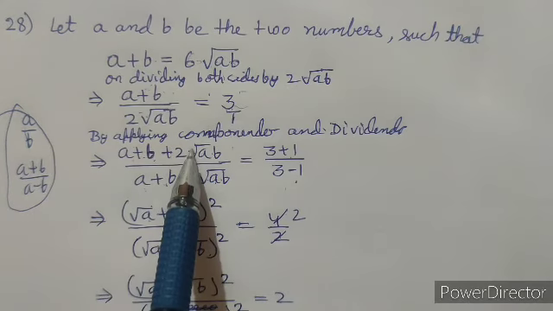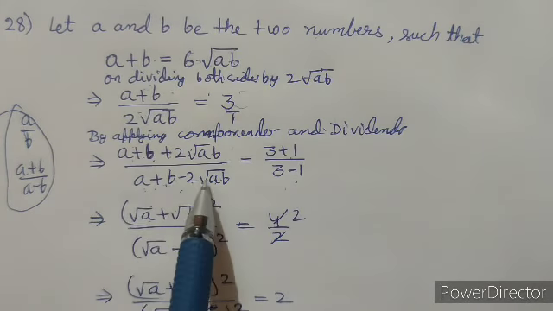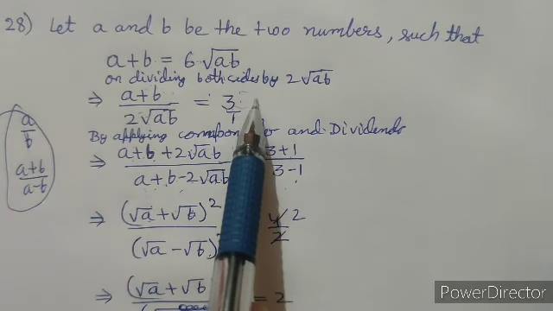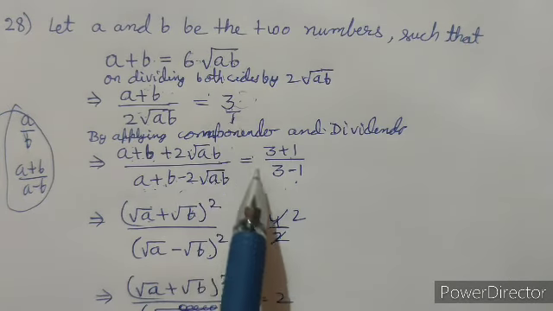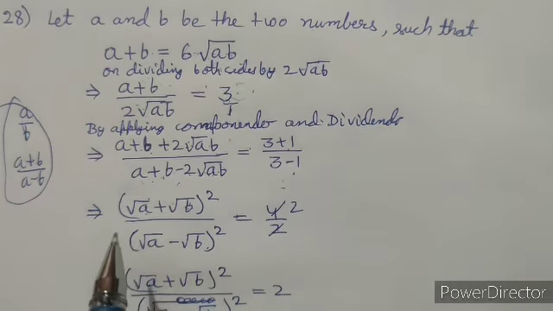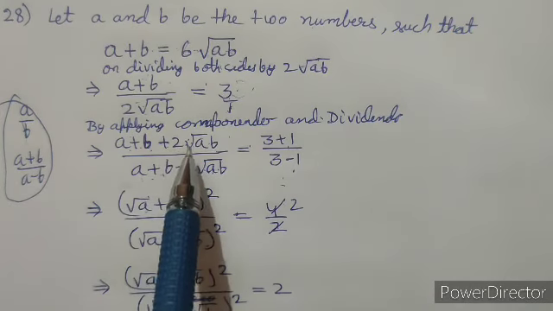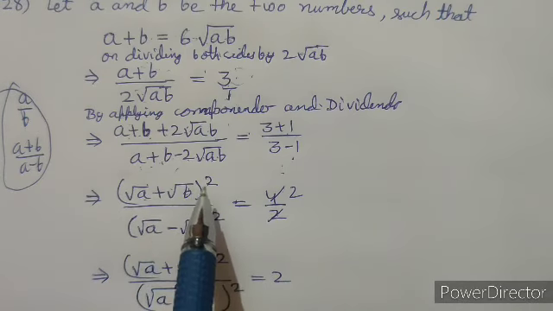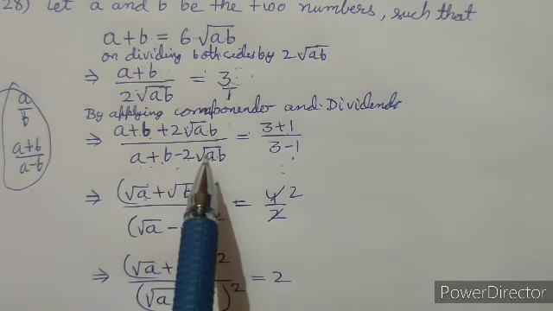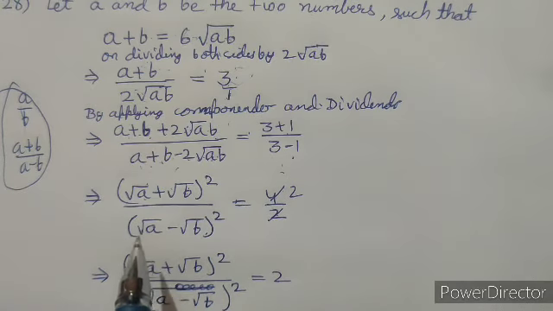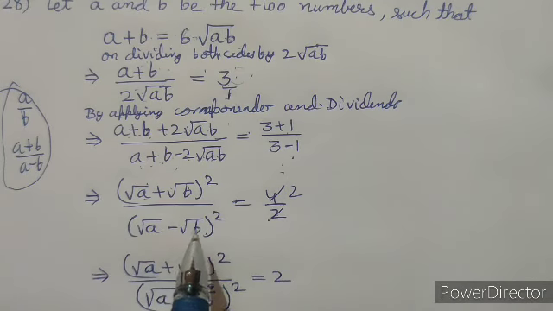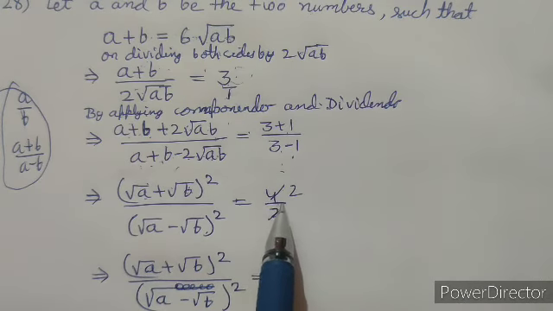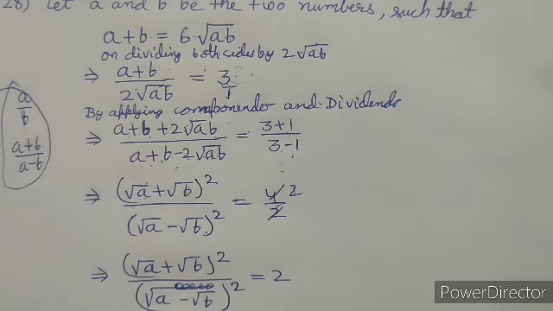That is, numerator plus denominator upon numerator minus denominator, and that will be equal to (3 + 1)/(3 − 1). Now, a + b + 2√(ab) is (√a + √b) whole squared, and a + b − 2√(ab) is equal to (√a − √b) whole squared, and that will be equal to 4/2, and that will be equal to 2.